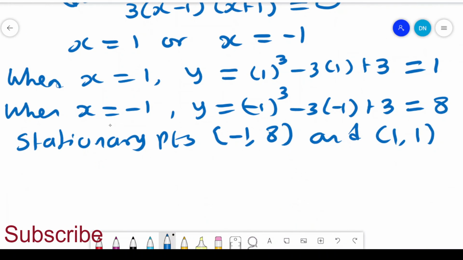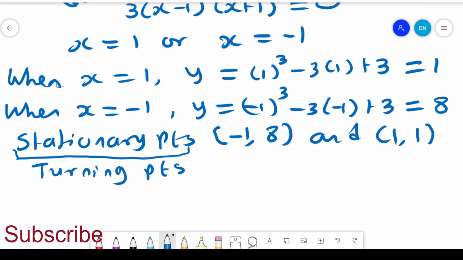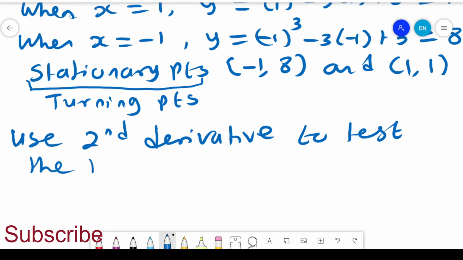So I wouldn't actually call them stationary points yet. I'll be calling them turning points, because we don't know whether they are maxima, minima, or saddle points.